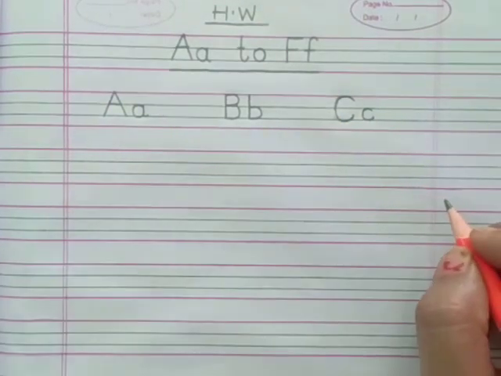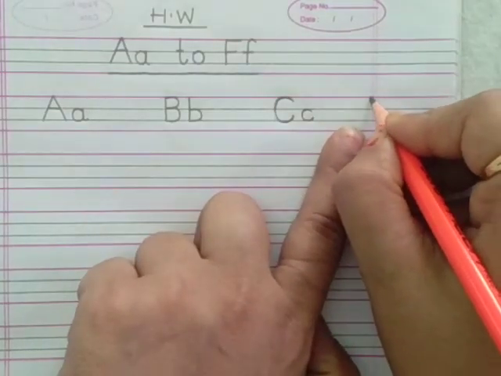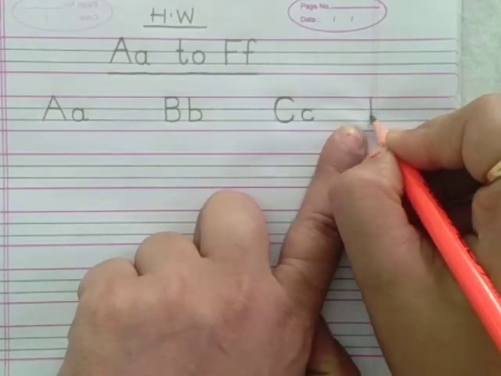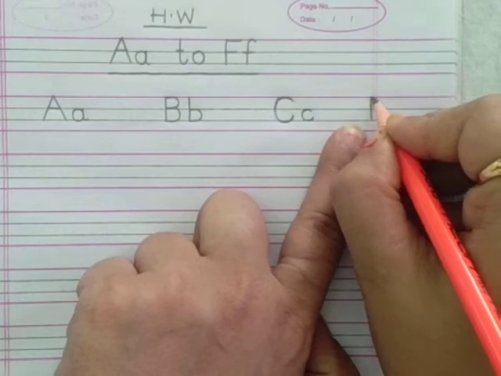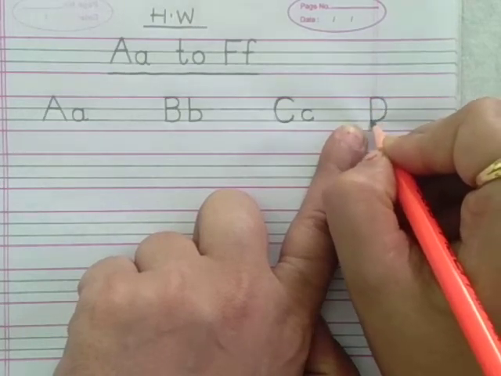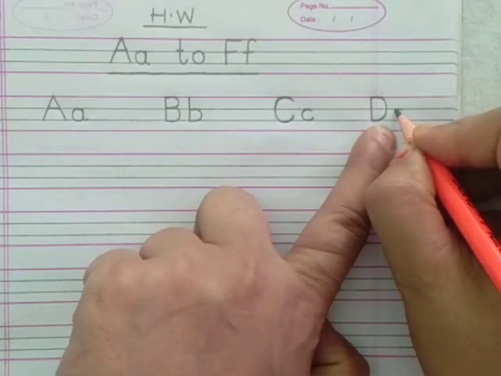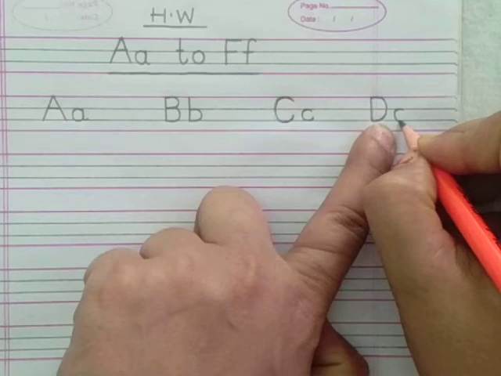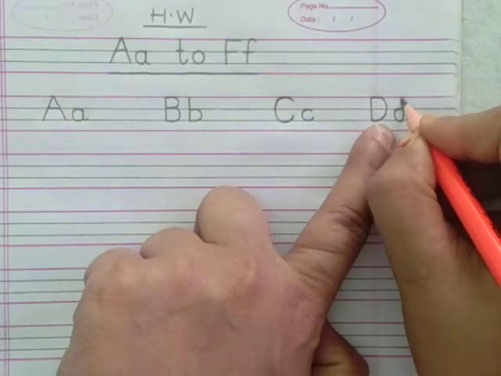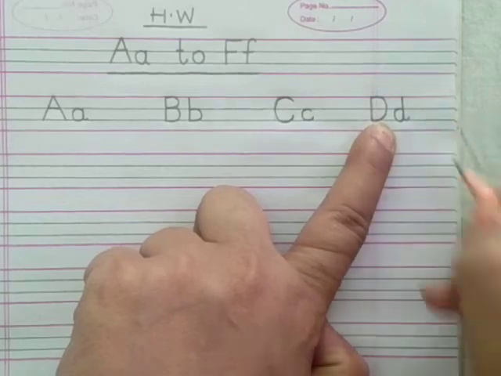Now letter D will be as standing line with a big right curve. Small letter D is a left curve like a C. Go up standing, come down, a little curve.